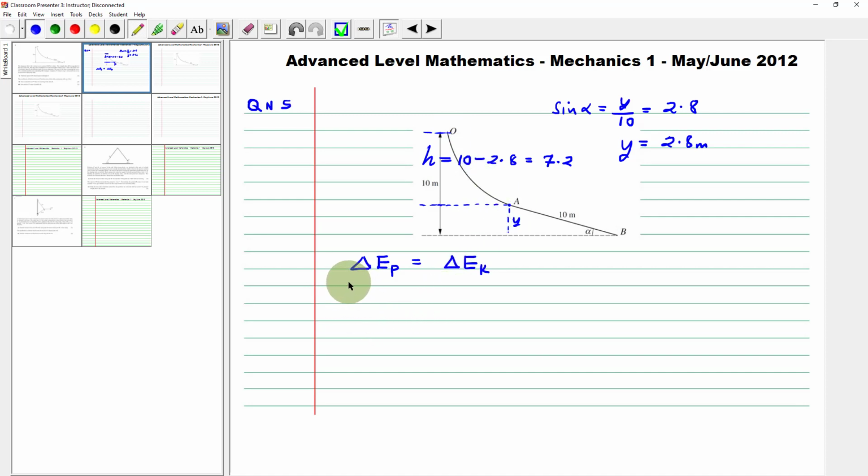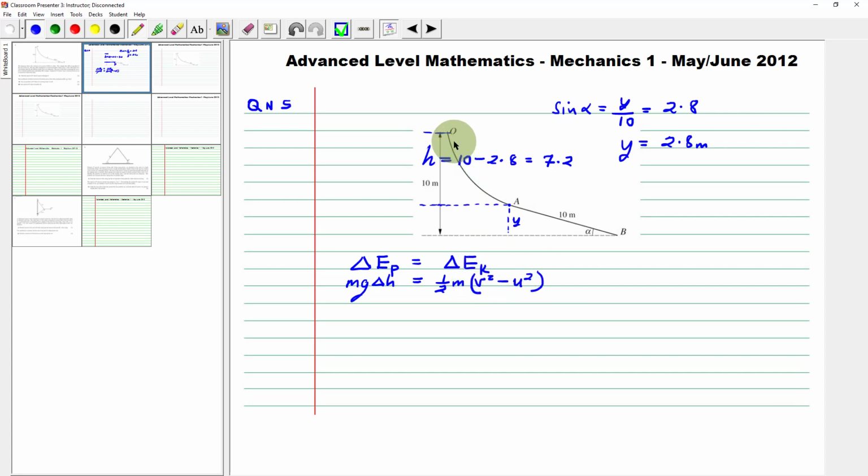So here we are going to get m g, the loss in height, is going to be equal to a half m v squared minus u squared.